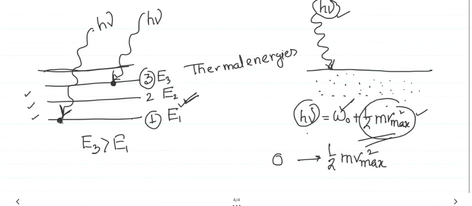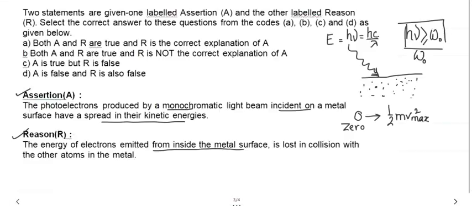Since its initial energy is low, this energy is used up in coming out from the surface. So this quite happens, and I repeat again, depending on which energy level the electron is at, the electron will come out with a different range of energy.